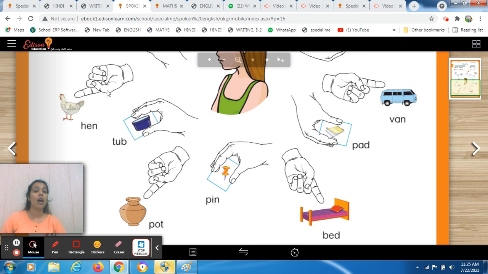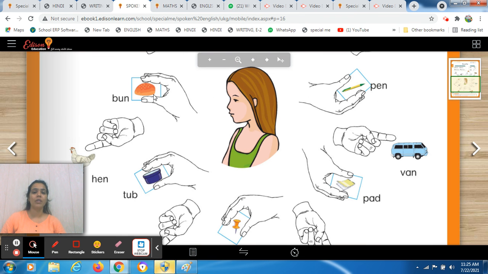That is a hen. Now students, see, okay, now I want you to make a sentence. See, is this one near to her or far from her? Ma'am, near to her. Yes, you have to see the hands very carefully. So the hand is holding that one.